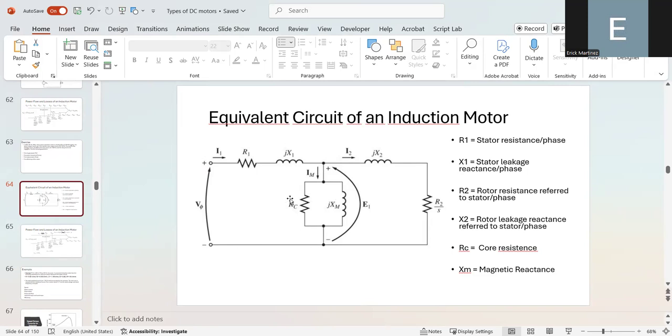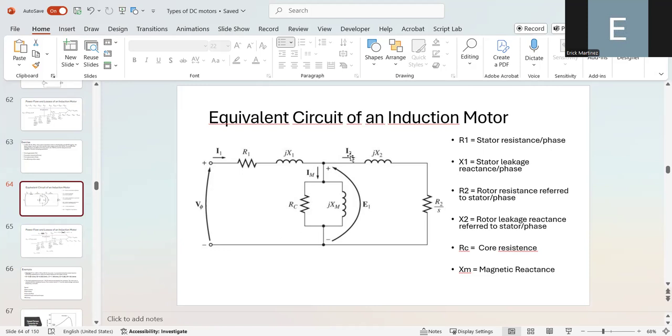The reason for using these two electrical parameters is to consider the effect of the core in the electrical behavior of the induction motor. Physically, these two elements do not exist, but we can use them to model the effect of the core in the electrical behavior of the machine.